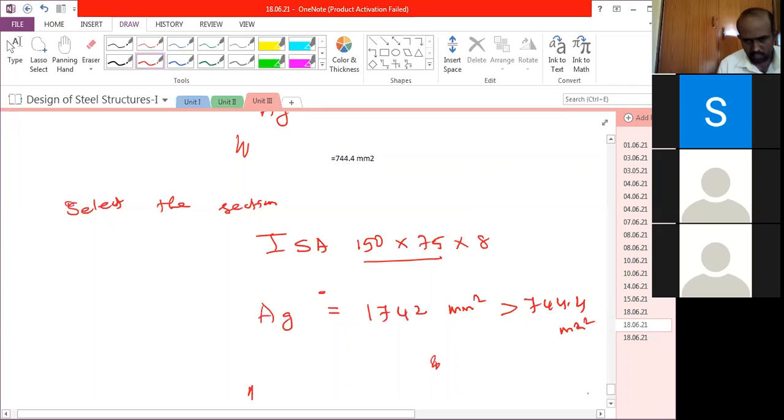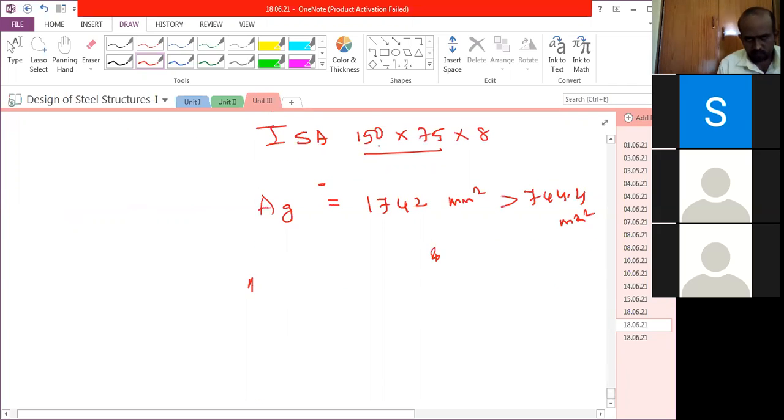A little higher section I am selecting. Already 150 by 75 is there for the main angle, so in order to match the same thing, I am also selecting 150 by 75.